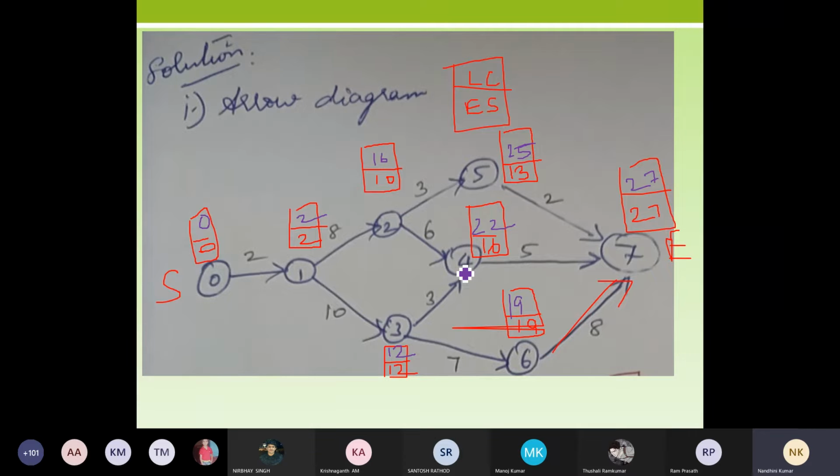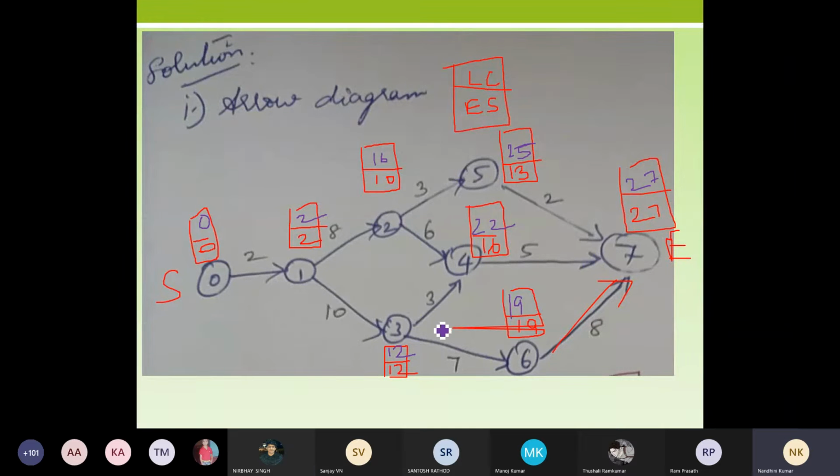Any one of you, do you have any doubts? Hello, ma'am. So the first and last activity will have the same LC and ES as always. Yeah, mostly it'll be the same. The last will be the same because you have the 27 here.